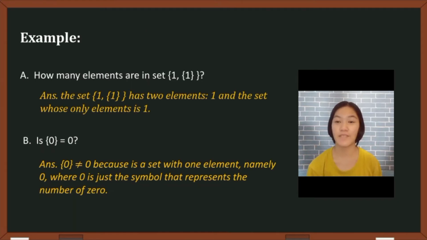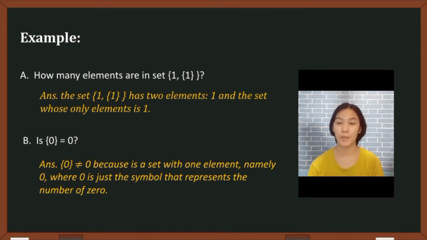Here is an example of set roster notation. How many elements are in the set 1 enclosed by braces? The answer is, the set 1 enclosed by braces has 1 element, the set whose only element is 1.